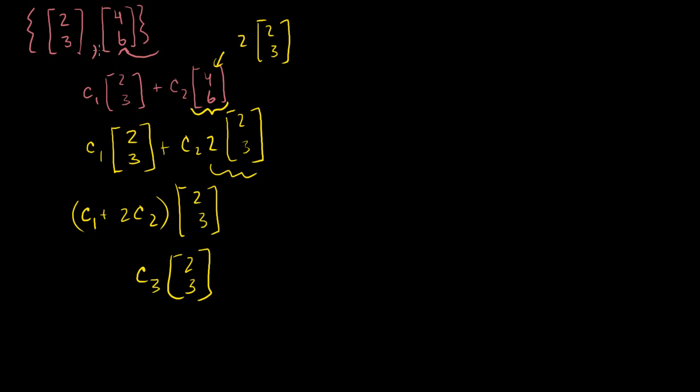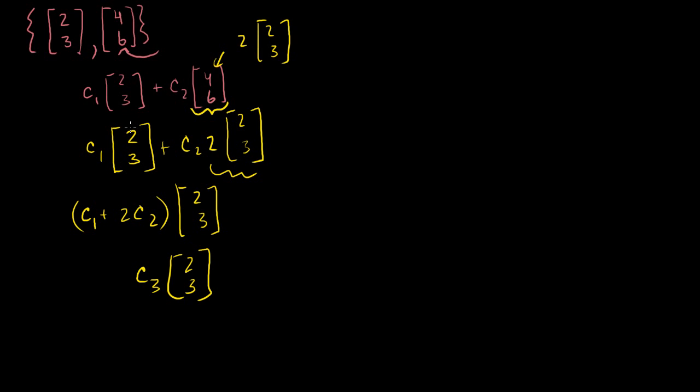So even though we started with 2 vectors, any linear combination of these, if I use this substitution, can be reduced to just a scalar multiple of my first vector. And I could have gone the other way around.